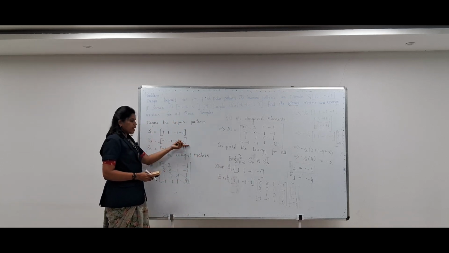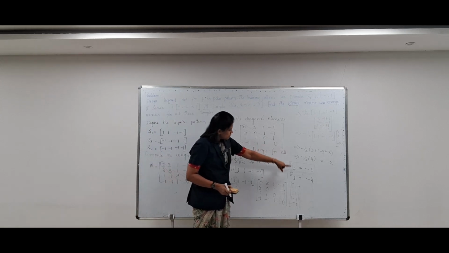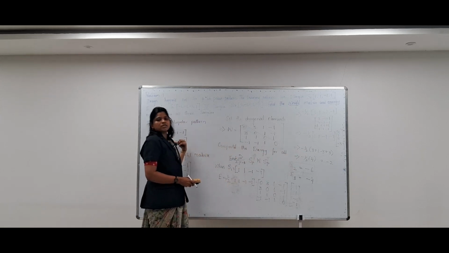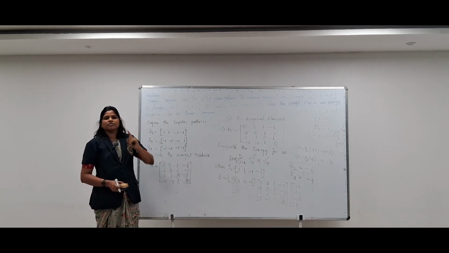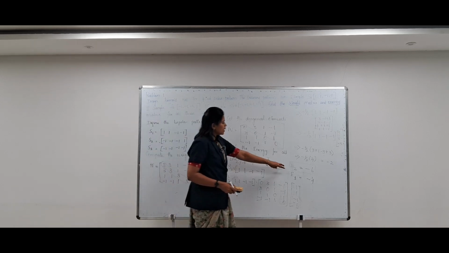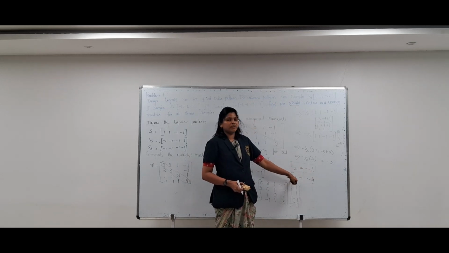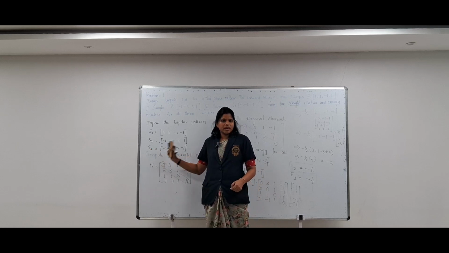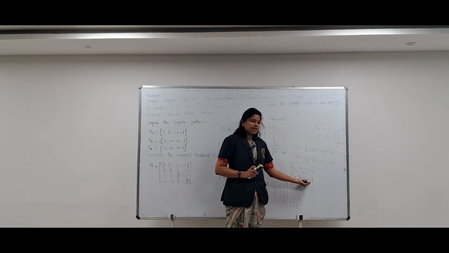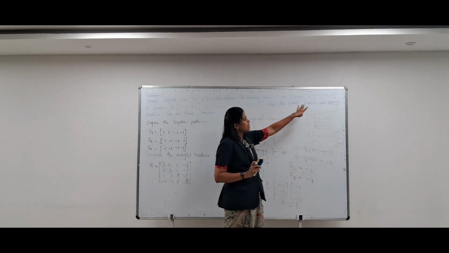So we take the same formula, minus half into S into the weight into S transpose. When we calculate that, we get energy 2 is minus 6. Similarly, we find energy 3 for the input sample S3. So we get energy 3 is minus 4. This is how we find the weight and the energy.